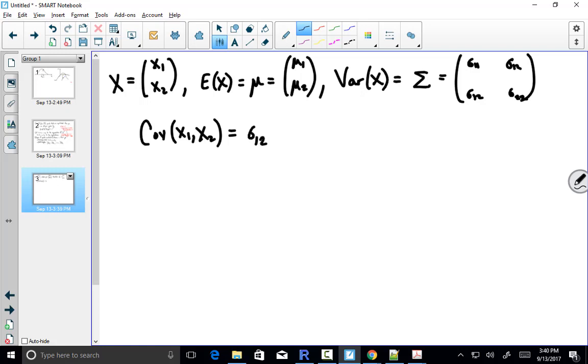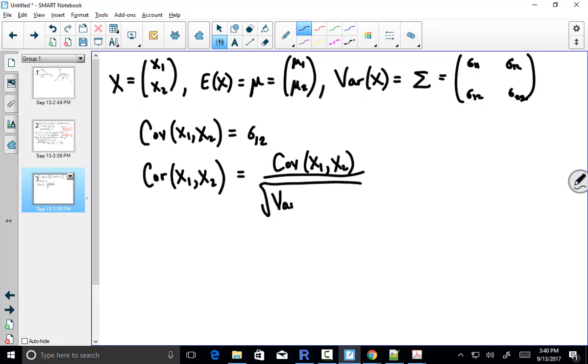That's the definition of little sigma 1,2. And we know that the correlation between x1 and x2 is equal to the covariance between x1 and x2 divided by the square root of the product of their variances. So another way of writing that would be sigma 1,2 divided by the square root of sigma 1,1 sigma 2,2.